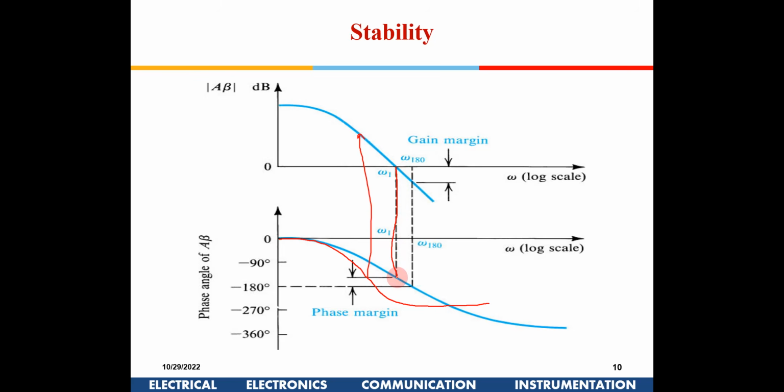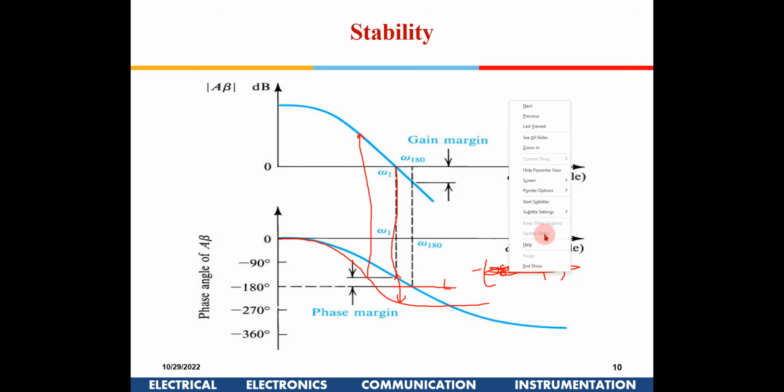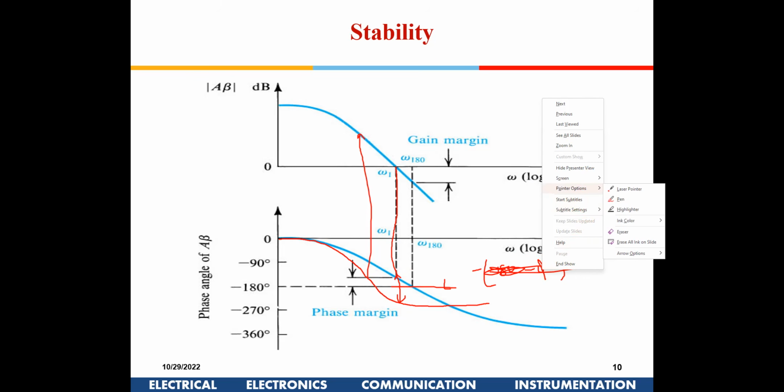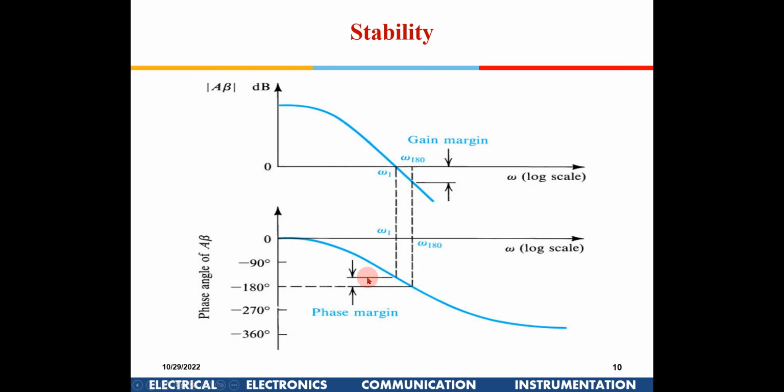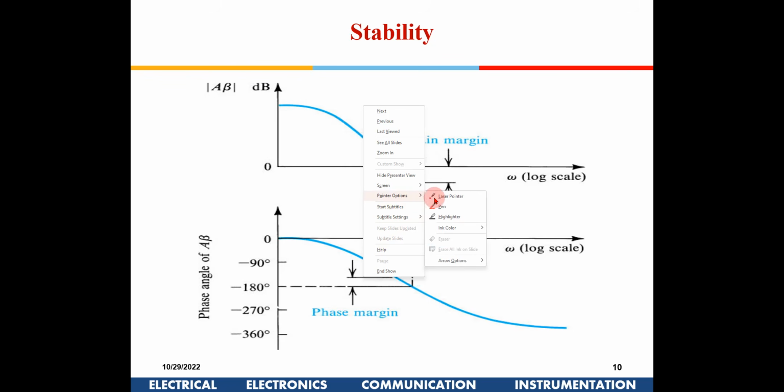If I draw a vertical line here, this is the phase margin, which is the phase minus minus 180. It has to be positive from here to here, so that means it has a positive phase margin. We call this a positive phase margin.